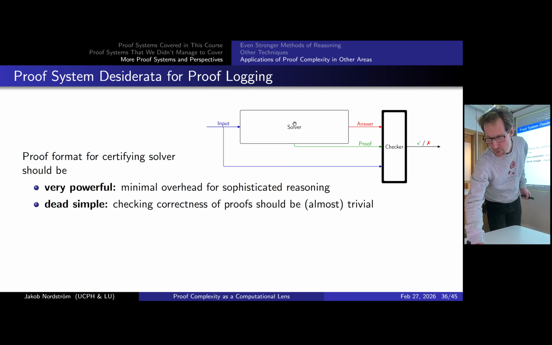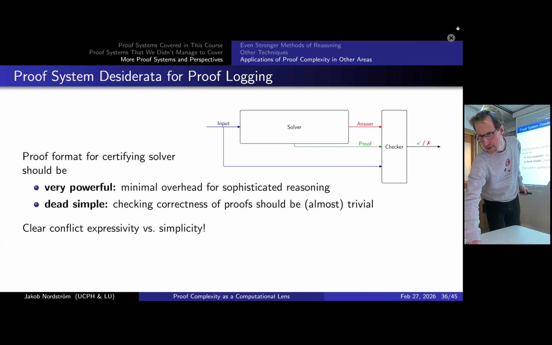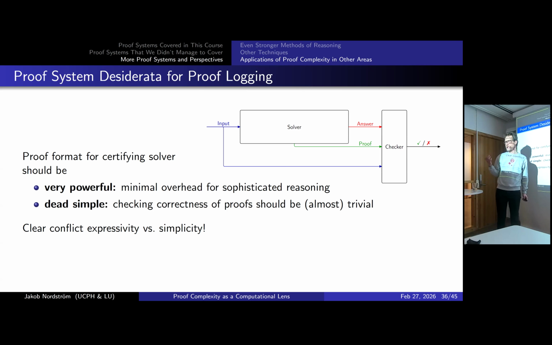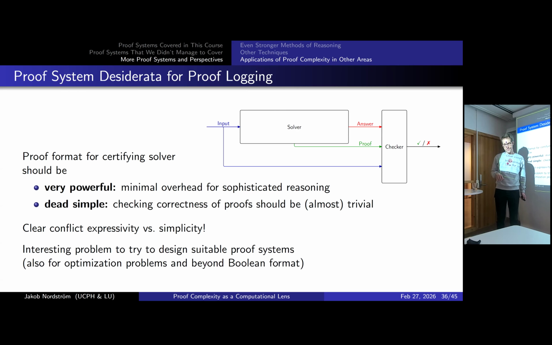And so you can't trust it. And so the reason why life would be better if you had the checker is that presumably you can trust the checker. But that means that the proof also has to be very simple.